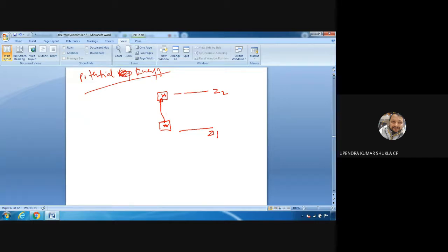How will you raise it? Because gravity acts downward, you will have to apply a force on this body to move it upward, and that upward force must be at least equal to the weight of the body.